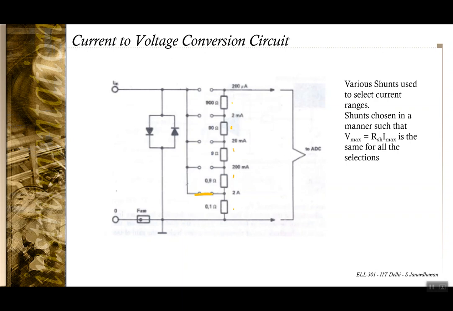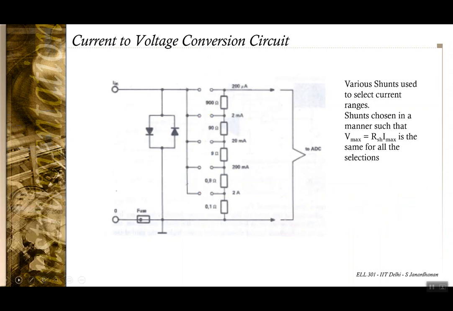Now you would see that the resistance values are tuned in a manner such that when this switch is being closed, then the voltage, let us say V1, would be I in times 0.1. Okay, and if this was open and this is closed, then the other choice V2 would be I in times 1, and it goes by a factor of 10 each time you change the switch. Now what does that say?